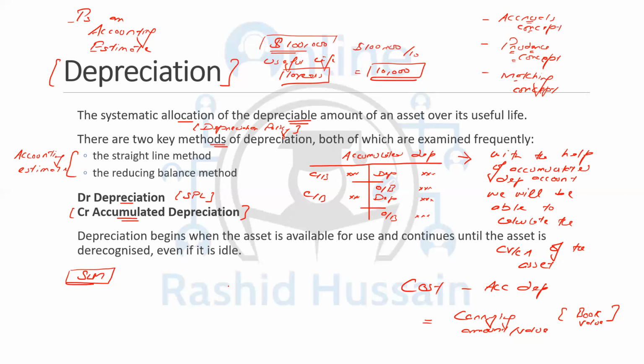Now, if you have an asset that will work the same for the rest of its life, then usually what you do, you take the cost of the asset, you deduct the scrap value. Scrap value means the residual value. Residual value means the value at which this asset will be sold at the end of its useful life. So you take the cost, deduct its scrap value or residual value, and divide it by useful life. You get the depreciation per year.